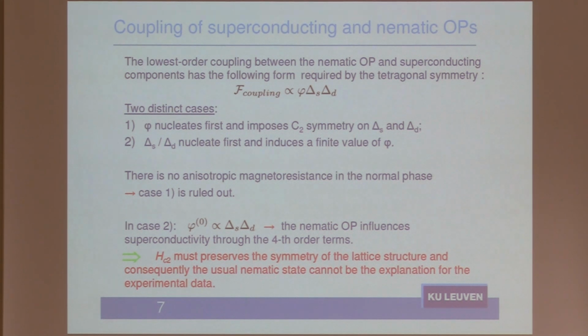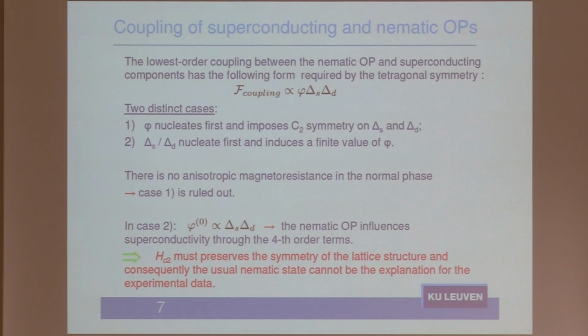Either we have a normal situation where phi, this nematic order, nucleates in the normal phase. Then when we come to the superconducting phase, this will already give some finite value of phi, and at nucleation we have a second order term in the order parameter which will influence the HC2. But this is not the case because we know that in the normal phase it is tetragonal symmetric.